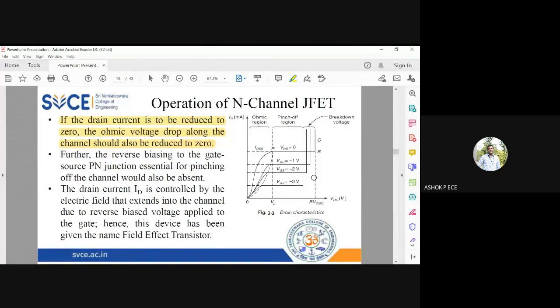Can anybody say how to make the drain current zero? How to make ID zero? Think and tell me the answer. It is very simple. From the graph, you can say how to make ID zero.